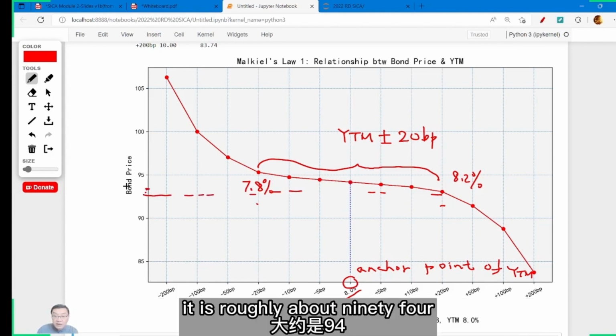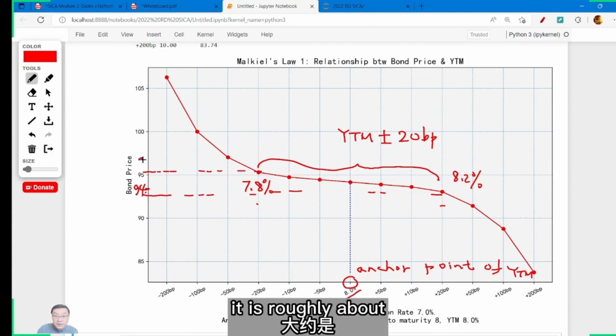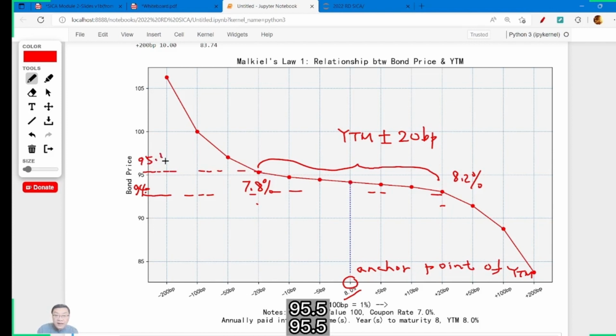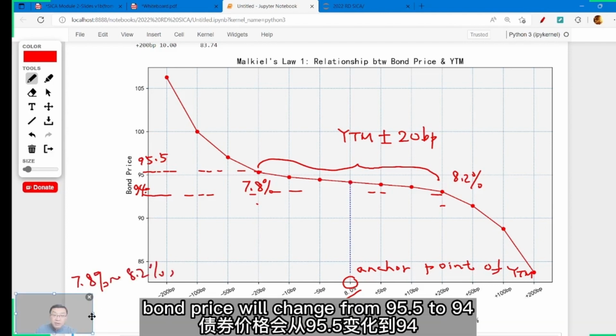Here, it is roughly about 94. And here it is roughly about 95.5. So for this bond, if YTM changes from 8.2% to 7.8%, bond price will change from 95.5 to 94.